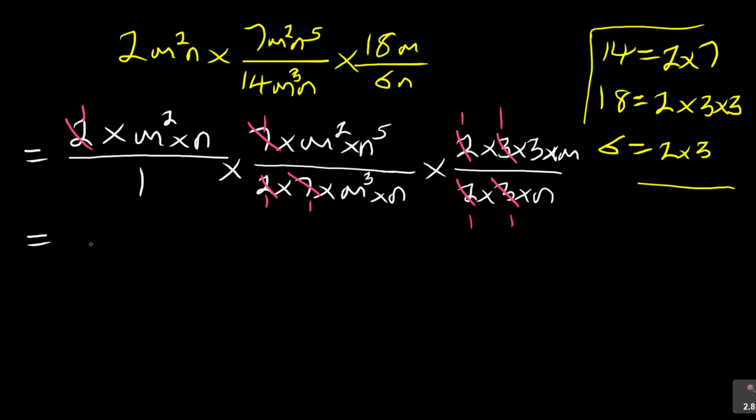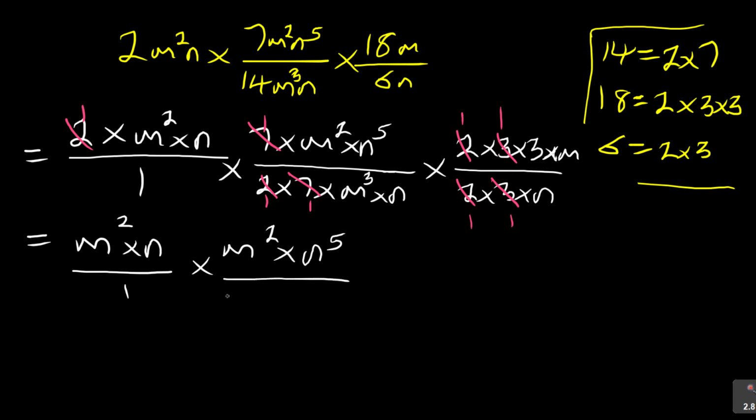Then you write what is remaining on top: m squared times n over 1, times m squared times n to the power 5, over m to the power of 3 times n times 3 times m over 1 times n, which is n.